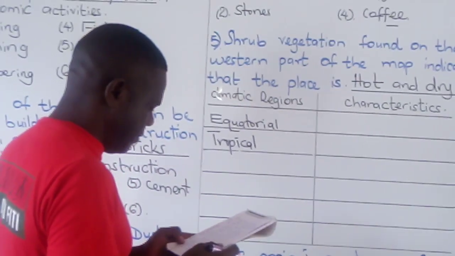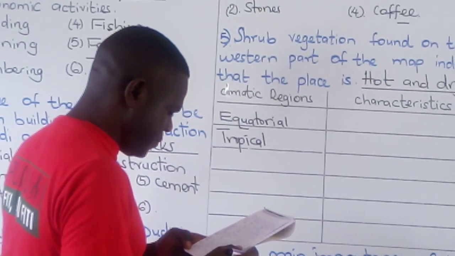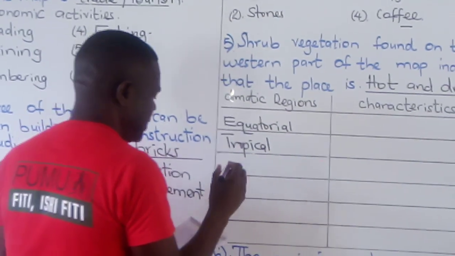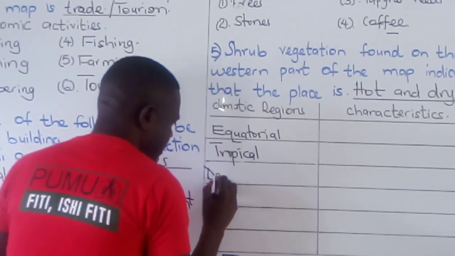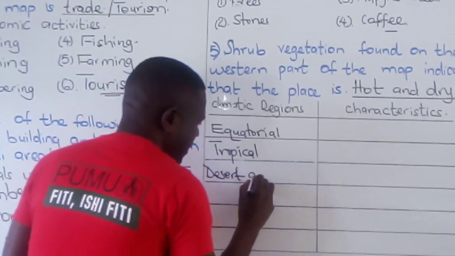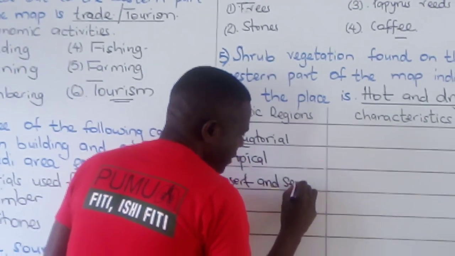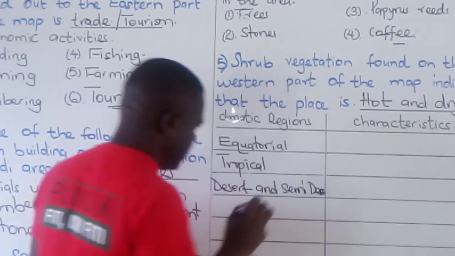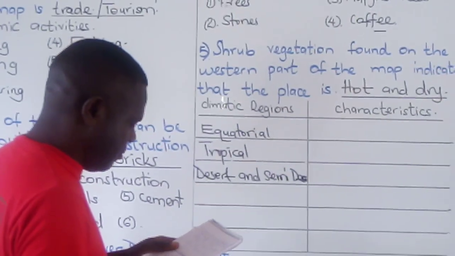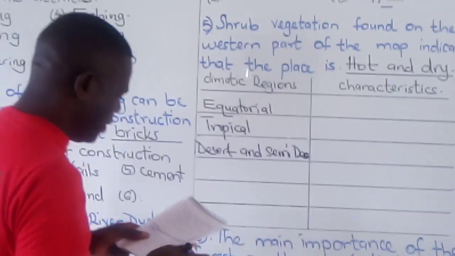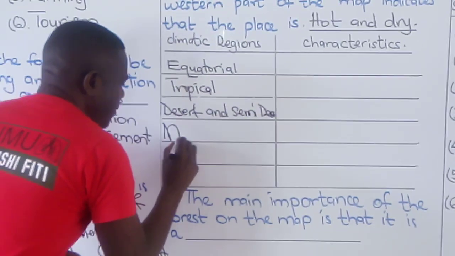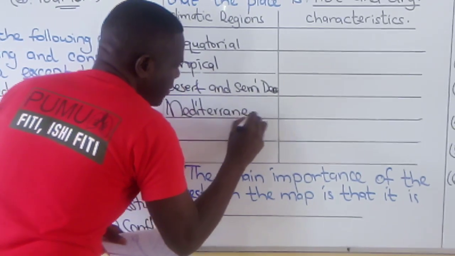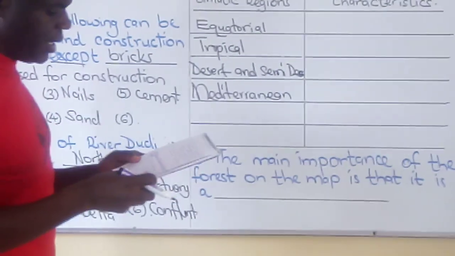And number 3, apart from the tropical climate, we've got the desert and semi-desert. Then number 4, we've got the Mediterranean.